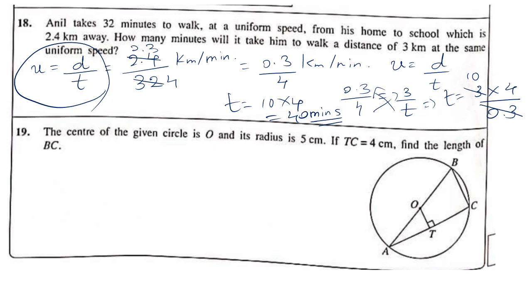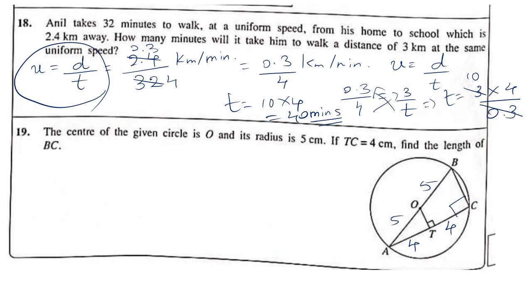So 19, the center of the given circle is O and its radius is 5 centimeters. So you can write it here 5, this is 5, and also you can see AB is a diameter, therefore this angle has to be 90 degrees, right? If TC is 4 centimeters, AT also has to be 4 centimeters.